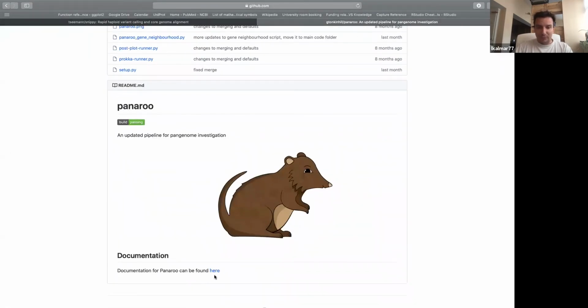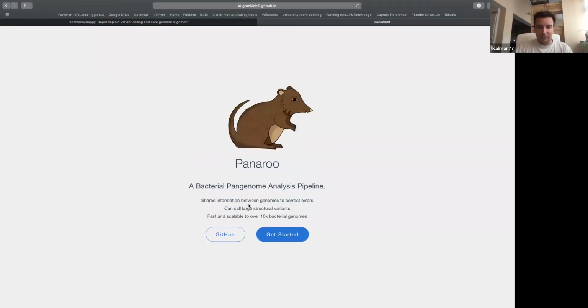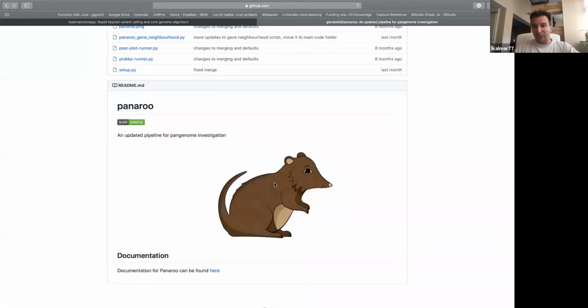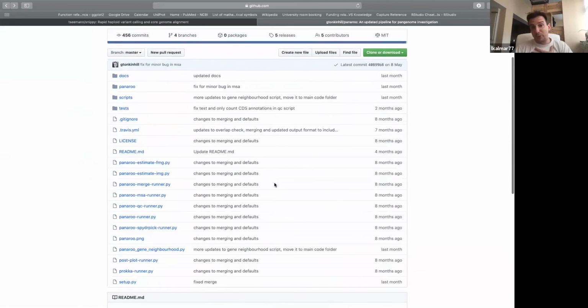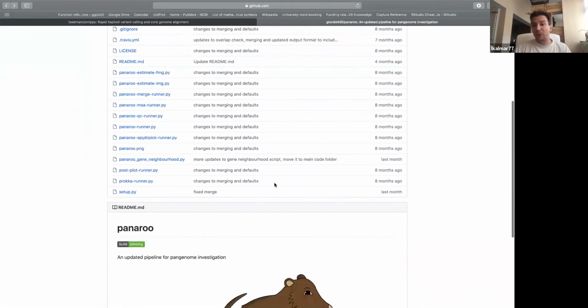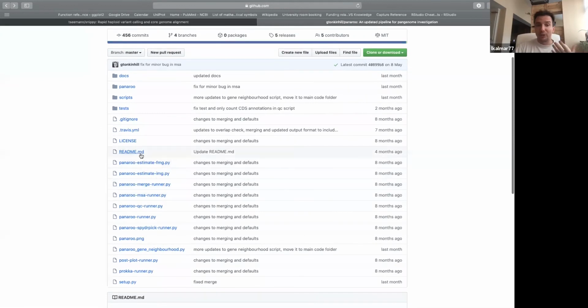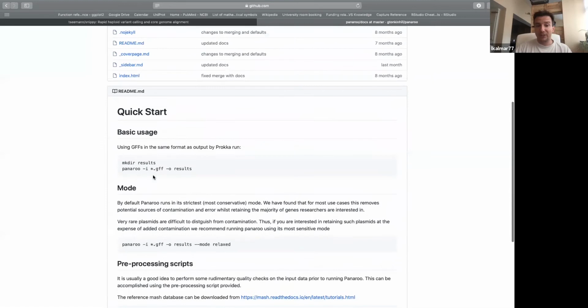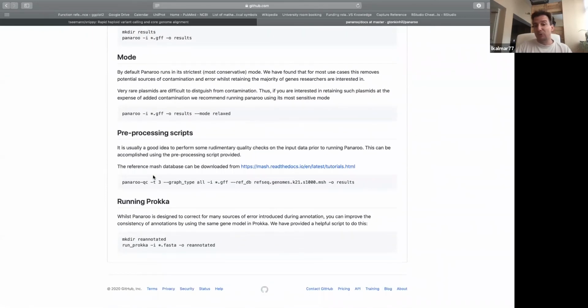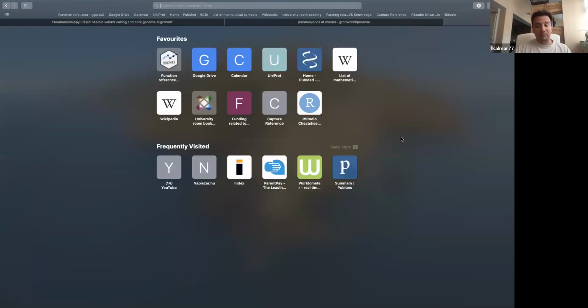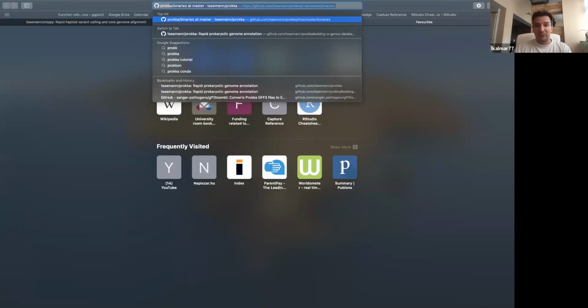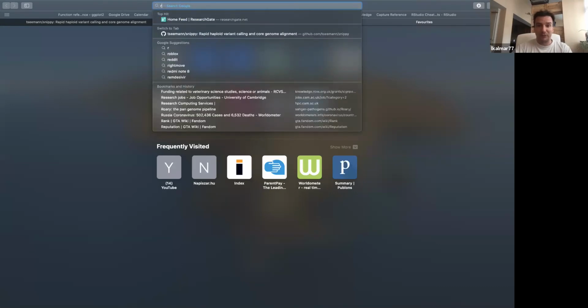The problem with Panaroo is that there is documentation, as you can see on my screen. If you are looking at GitHub, and that was my problem at first, usually if you have any program on GitHub, you just go to the README file, or to the docs and then the README file, and then you know how to use it and how to install it. This is usually what you get back when you, I don't want to compare Panaroo to Prokka, or Roary, but this time I have to.